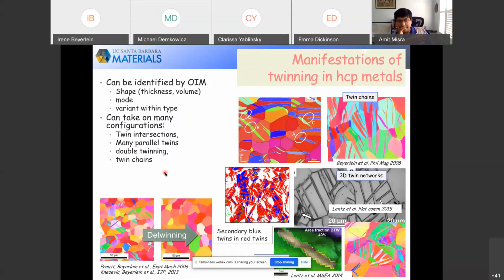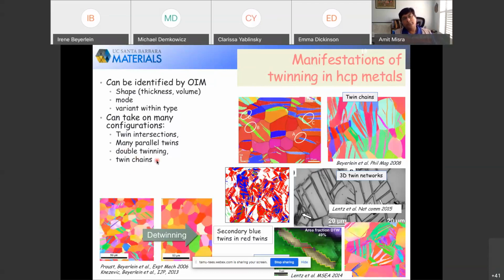There's also something called double twinning, where the twin domain will act as another domain in which you can have a twin initiate again. This is an example here where all the red areas are primary twins, and the blue areas are new twins that formed within those primary twins.